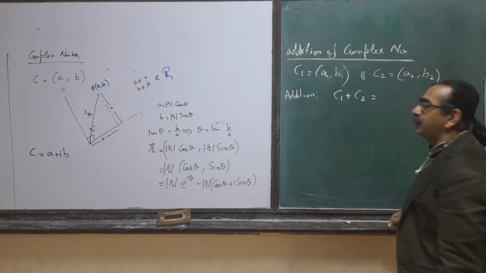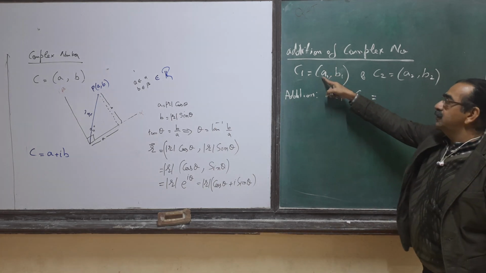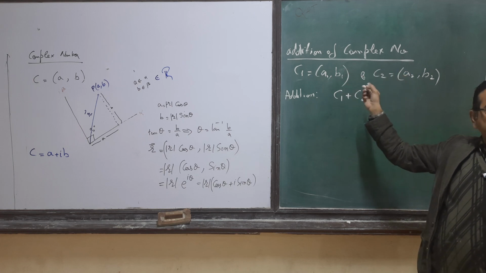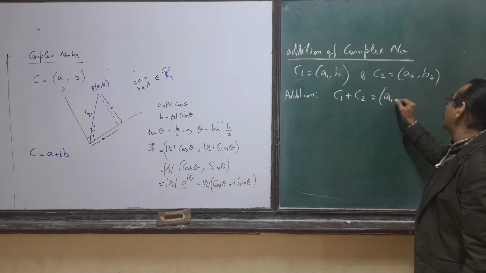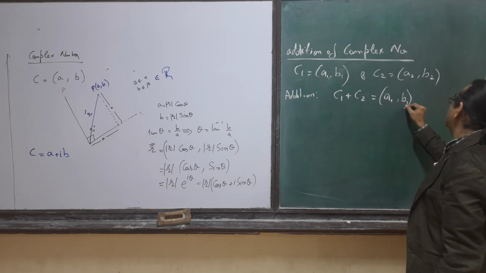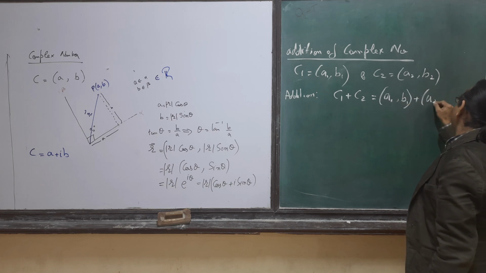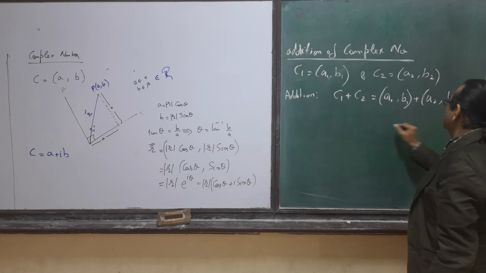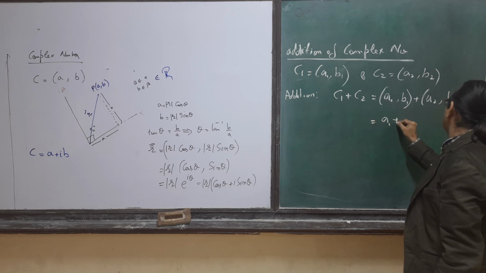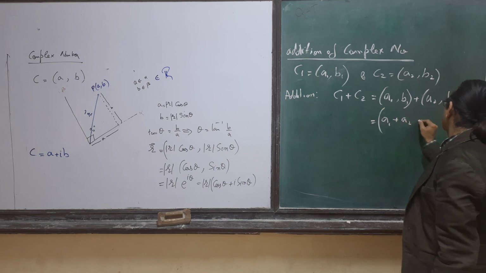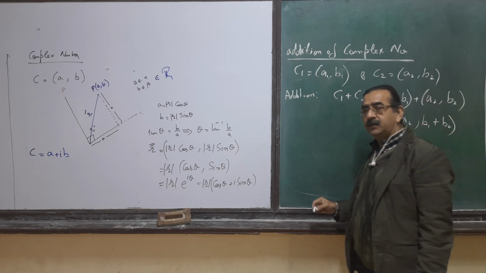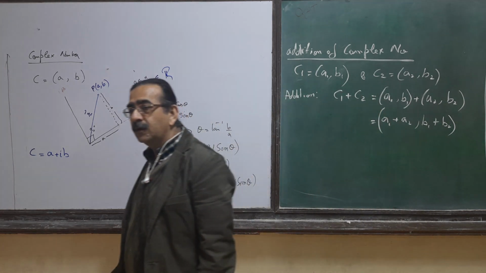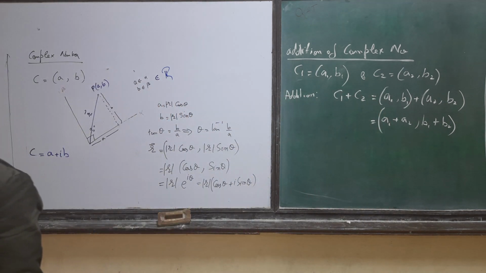The corresponding elements will be added. The first ordered pair will be added to the first element of the second pair, and the second to the second. A1 B1 plus A2 B2 will be A1 plus A2, B1 plus B2. This will be your complex number. The complex numbers will be added in this way.